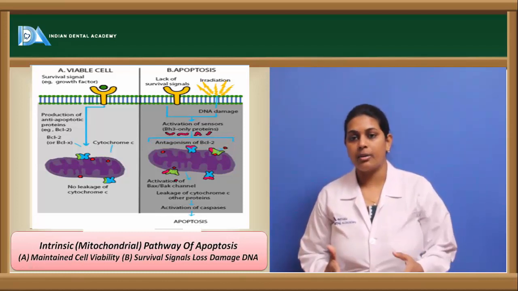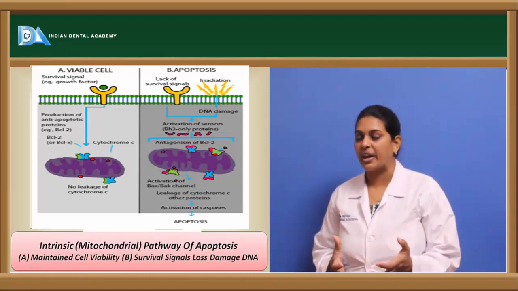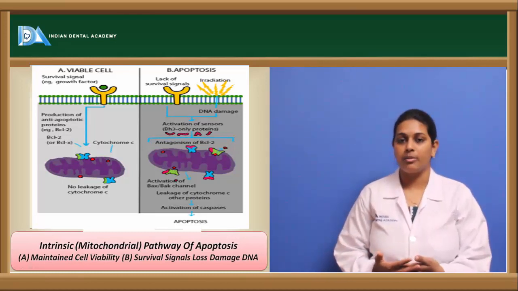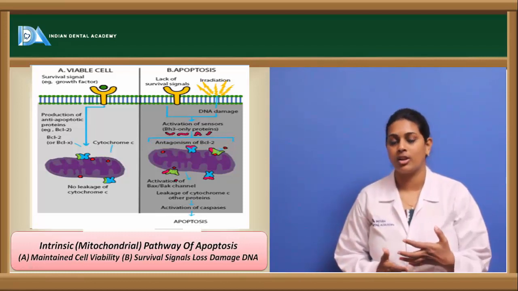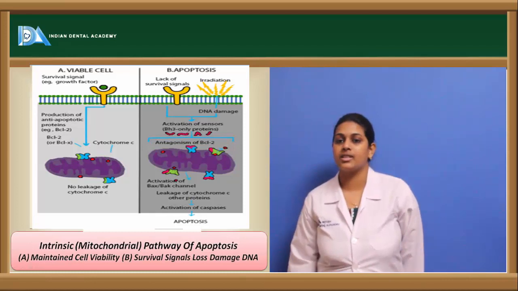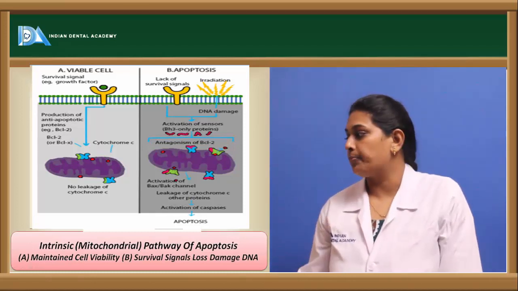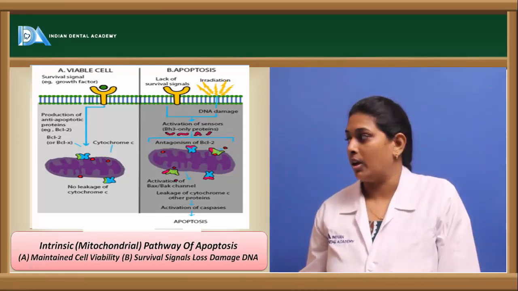They create a channel by which the cytochrome C is removed from the mitochondria. Once the cytochrome C leaks through this Bax channel protein or the mitochondrial pores, there will be activation of the caspases, that is the enzymes which promote the process of apoptosis. This explains the mitochondrial pathway or the intrinsic pathway.